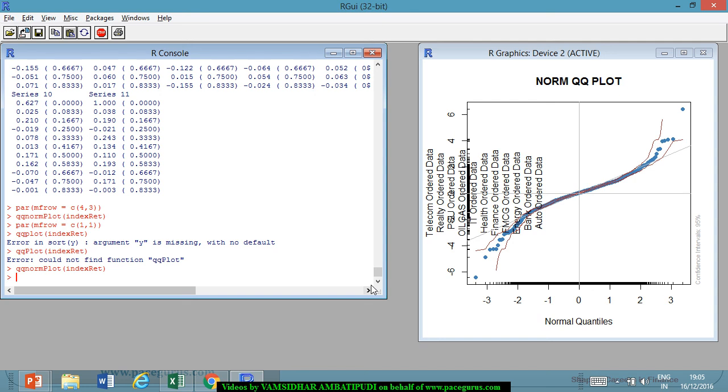So I could see for each of the sectors to what extent they are coming closer and closer to the normality.